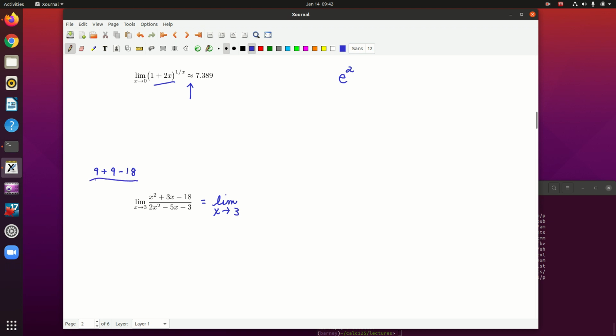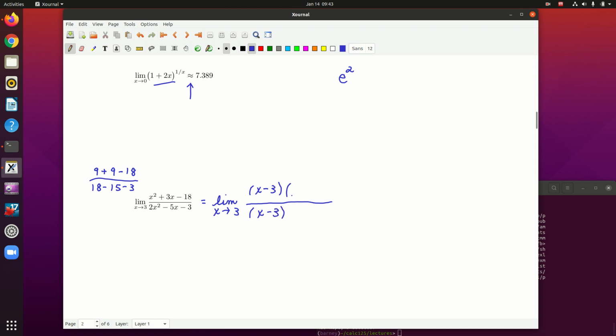In the bottom, when you plug in 3, you get 18 minus 15 minus 3. So you get back to that 0 over 0, which is not helpful. That tells us nothing. So we need to do something else. However, by plugging in 3 and getting 0 over 0, we know that x minus 3 has to be a factor in both the top and the bottom. So that's helpful.